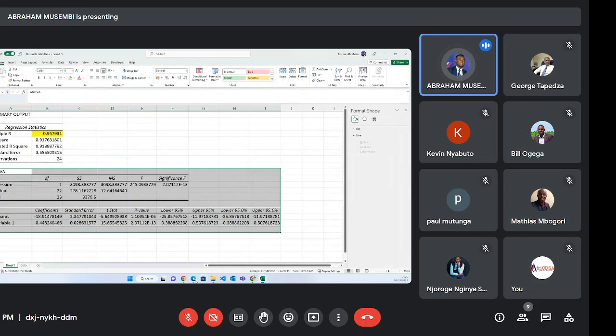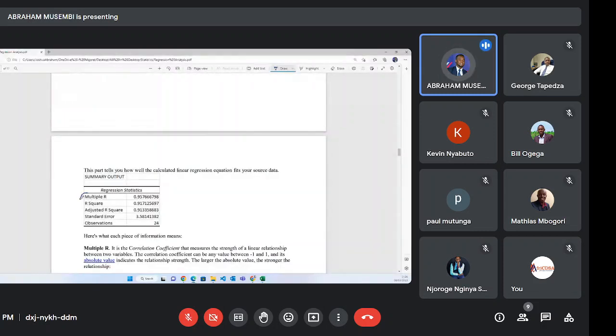I have even given a summary of what each is. We've said this is correlation. This is the coefficient of determination, which measures the performance of our model.